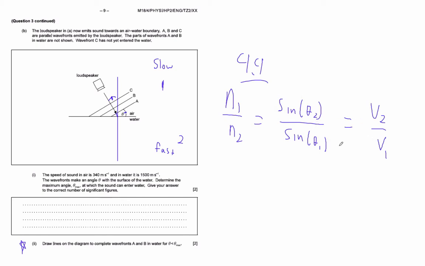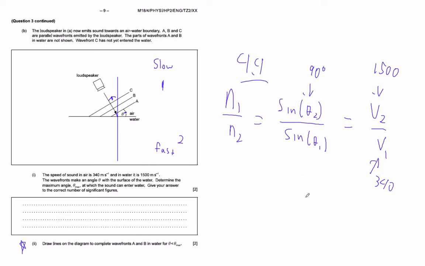So medium 1, our velocity 1 is going to be 340. Our velocity 2 is the fast one, so that's 1500 for water. And then they want you to find the critical angle. And remember, the trick there is to make the angle in the fast medium 90 degrees, which of course sine of 90 is just 1, okay?